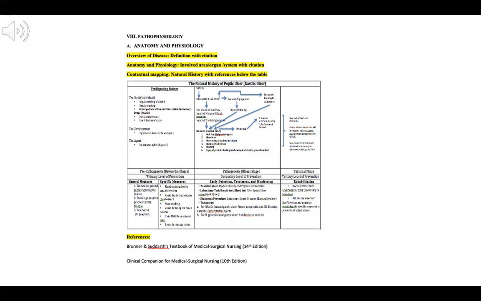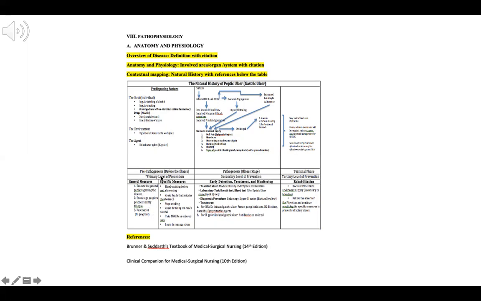Note that the first column is the pre-pathogenesis phase, wherein etiologic factors are present, and these etiologic factors are addressed through the primary level of prevention as intervention.